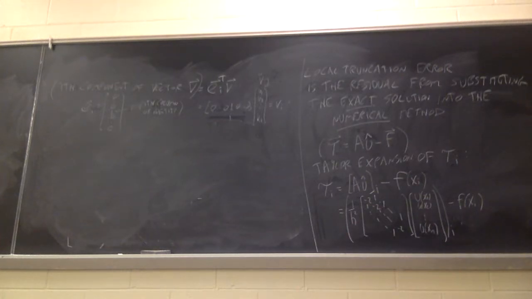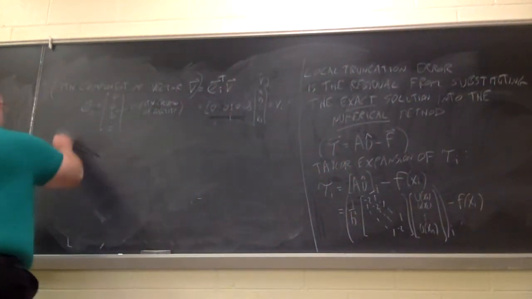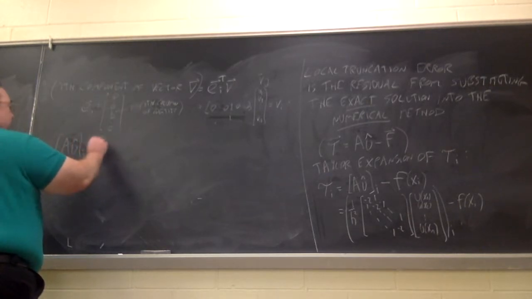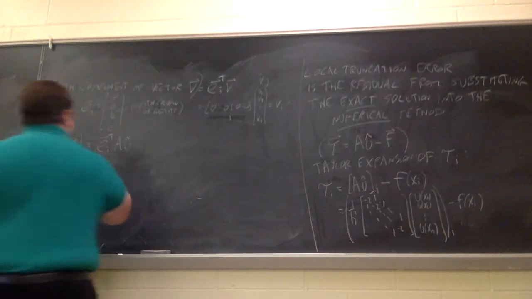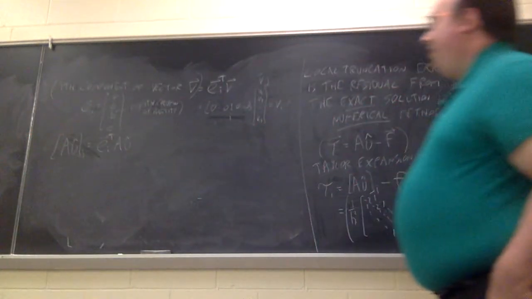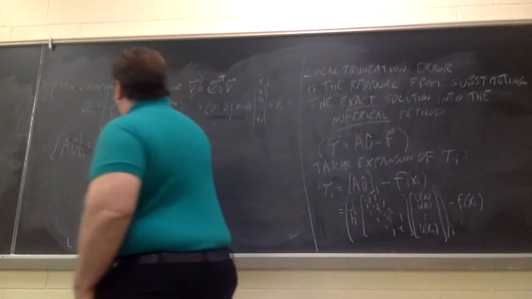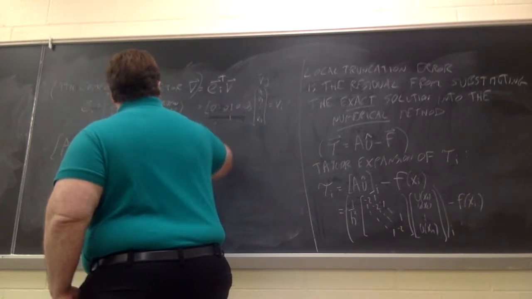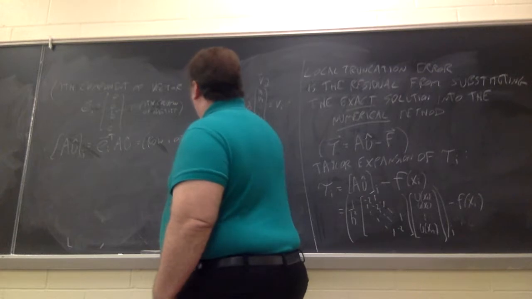Now, to apply the same idea over here, where I want the ith component of A times u hat, that is the same as e_i transpose A u hat. But that is the same as row i of A, a row vector, times u hat.